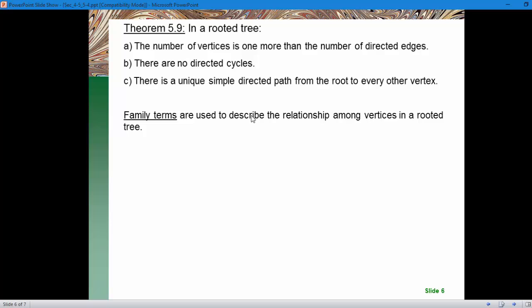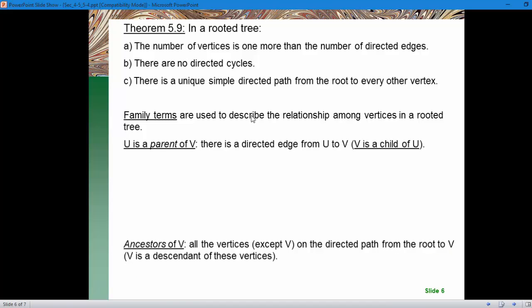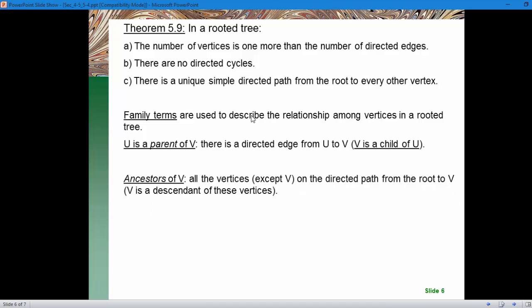We can also use family terms to describe relationships among vertices in a rooted tree. We say that a vertex U is a parent of a vertex V if there is a directed edge from U to V. And we can say also that V is a child of vertex U. We can also define ancestors of a vertex.